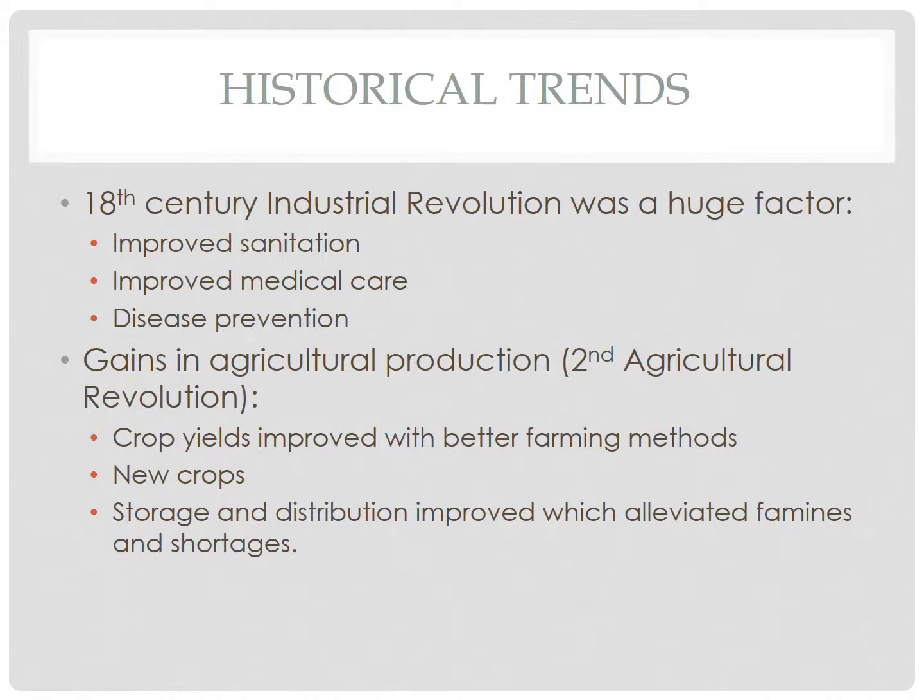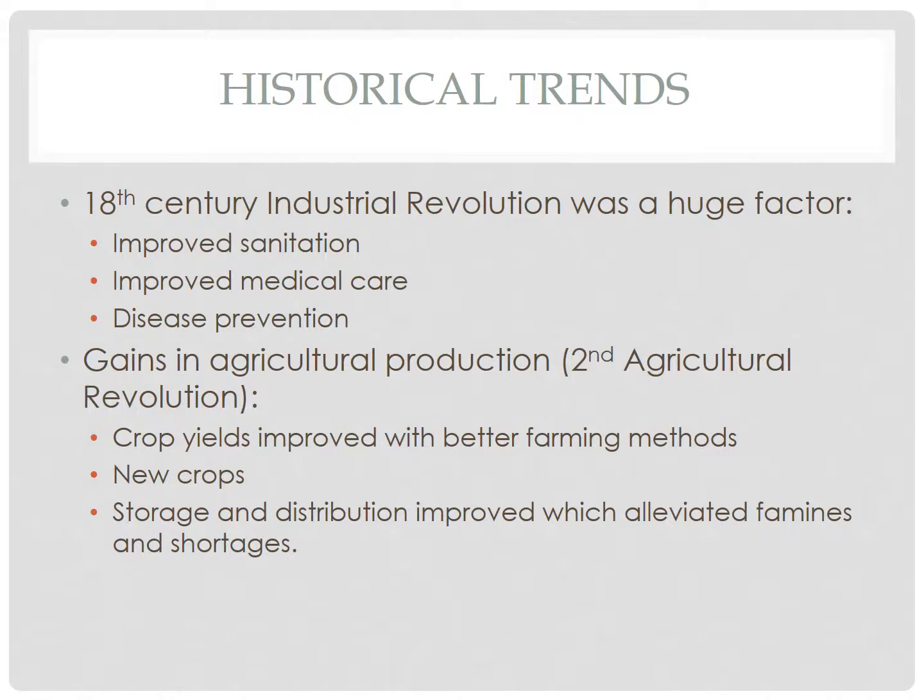And so that's bringing the crude death rate down, but if you bring the crude death rate down by preventing disease, and you don't have the food to feed them, then they don't die from disease, but they die from starvation. So at the same time, the second agricultural revolution is going on, and that's increasing the amount of food. So we can support those increasing populations, all right?